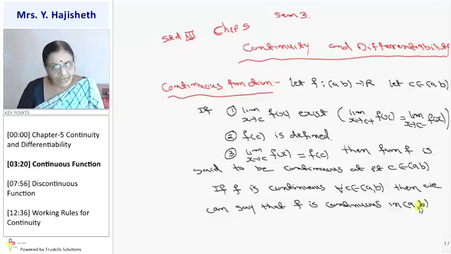The graph is not broken at any point c belongs to (a, b). Right?